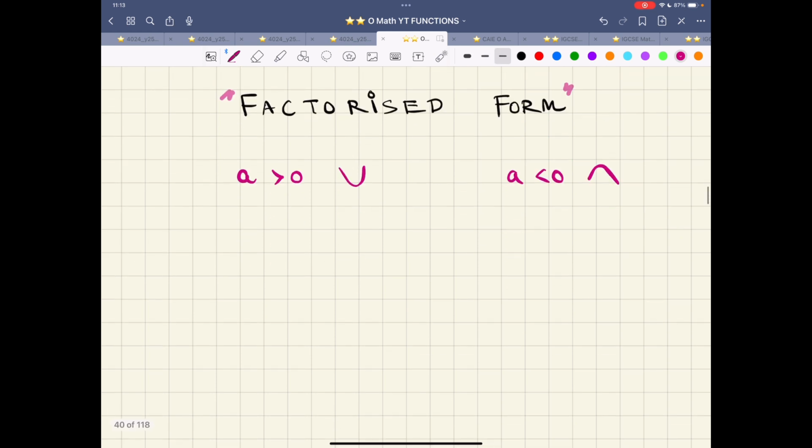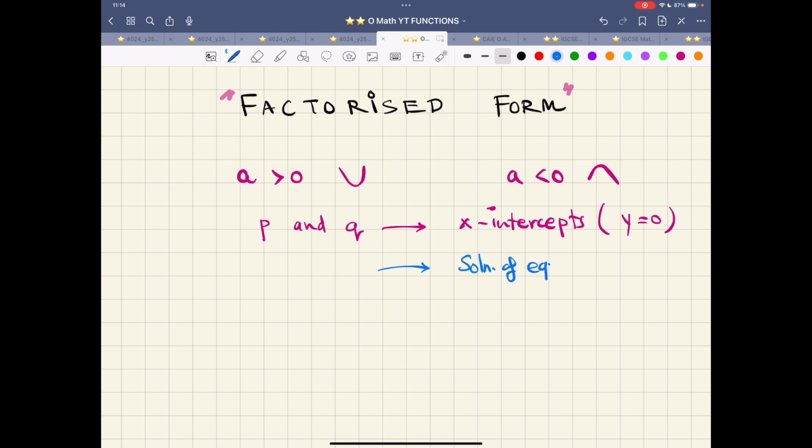And what else is there? P and Q, they are the x-intercepts. Let me write three names over here. X-intercept, that means y equals 0. They are also known as solution of equation.